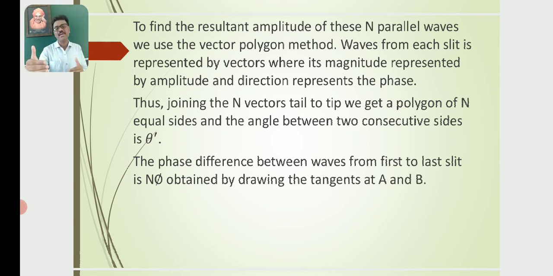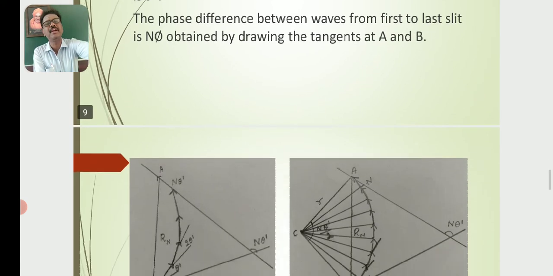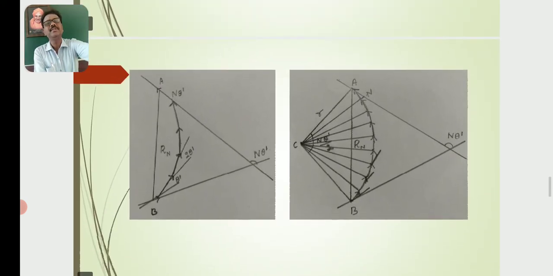For n waves, n phi indicates the net phase difference between the first and the last slit, obtained by drawing the tangents at A and B. Now you see the diagram, which indicates that the rays can be represented by the sides of a polygon, all taken in the same direction.